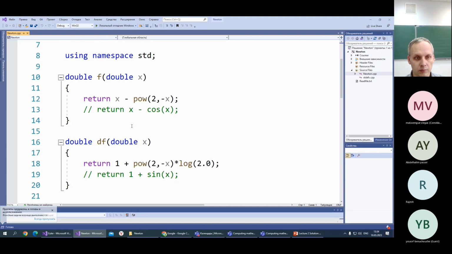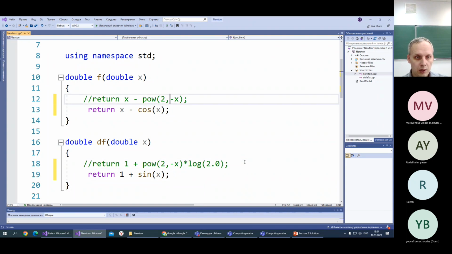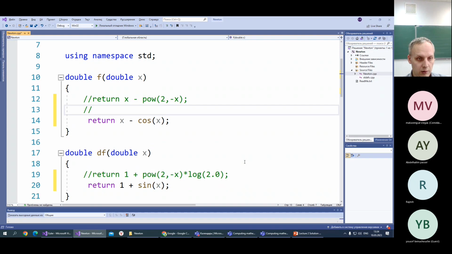Well, what should we write to solve the equation? Suppose our goal is to solve the equation x minus cosine x equals 0. Our goal is to find such x that x equals cosine x.